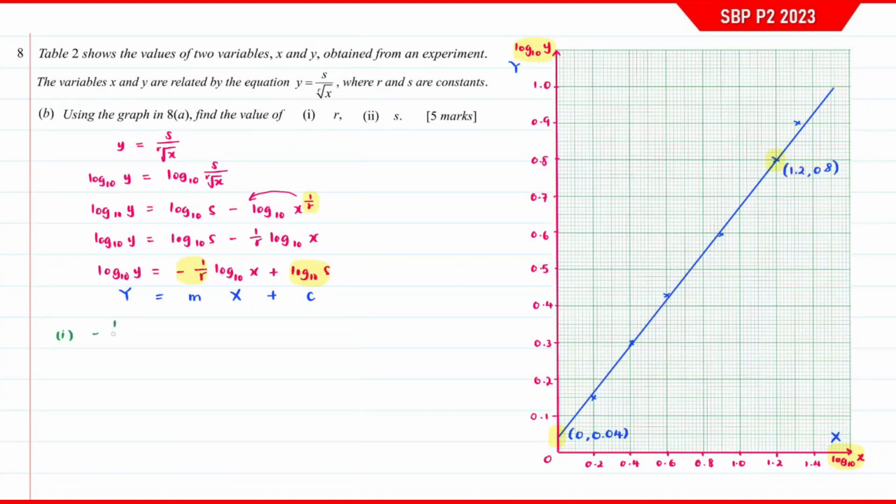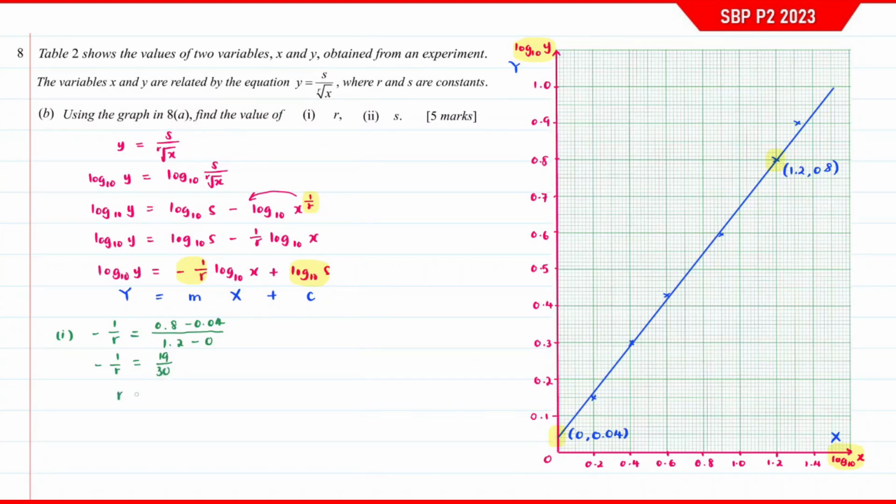So negative 1 over r, which is the gradient, is equal to (0.8 minus 0.04) over (1.2 minus 0). So negative 1 over r is equal to 19 over 30.